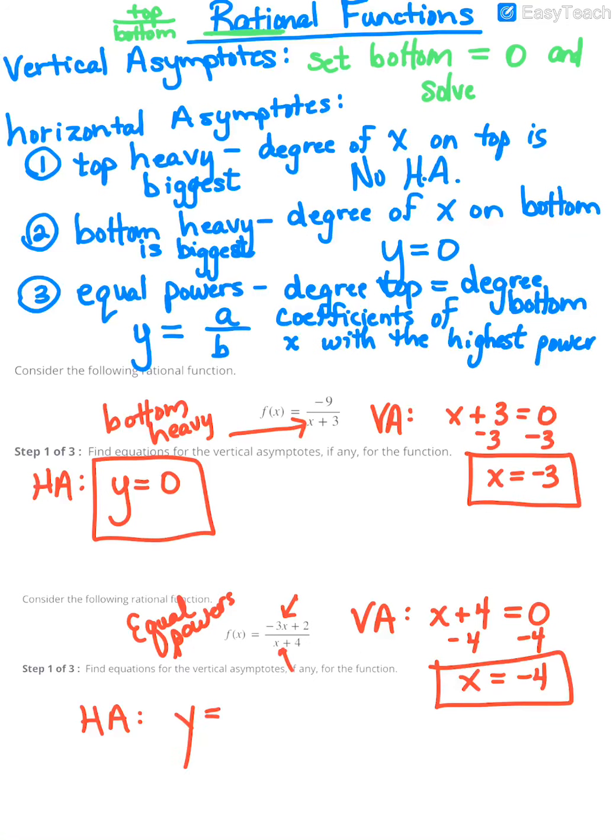And when this is the case, I'm going to look at the numbers in front of the x. So on the top, I have this -3 in front of the x. And on bottom, I have what's understood to be a 1. So I make that ratio, and when I simplify, -3 divided by 1 gives me a horizontal asymptote of y equals -3.